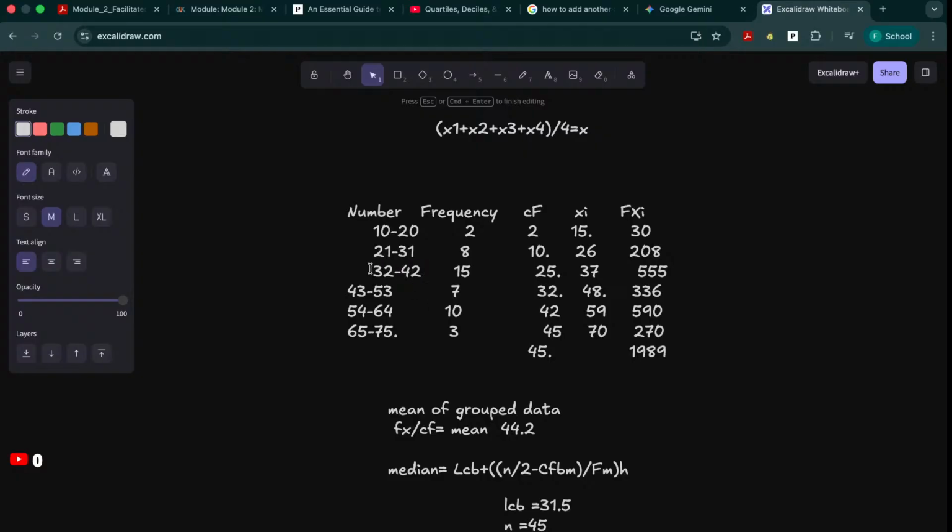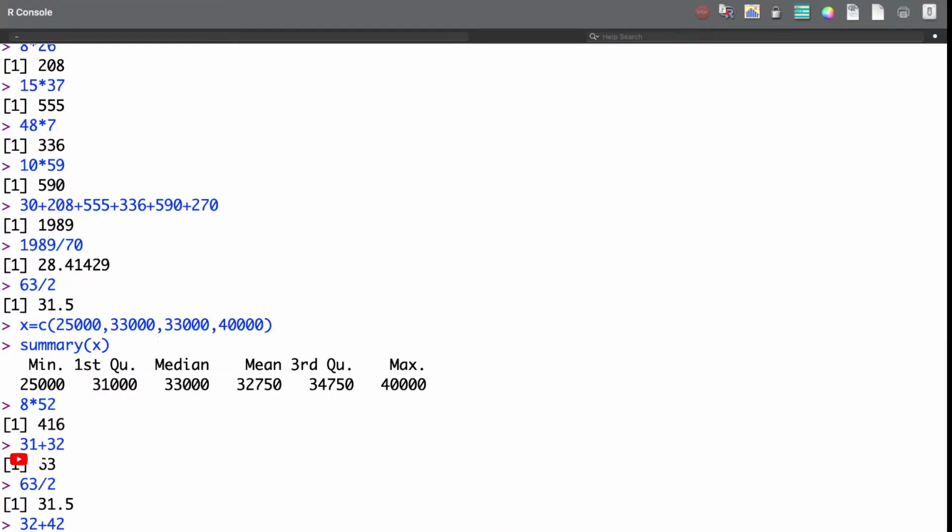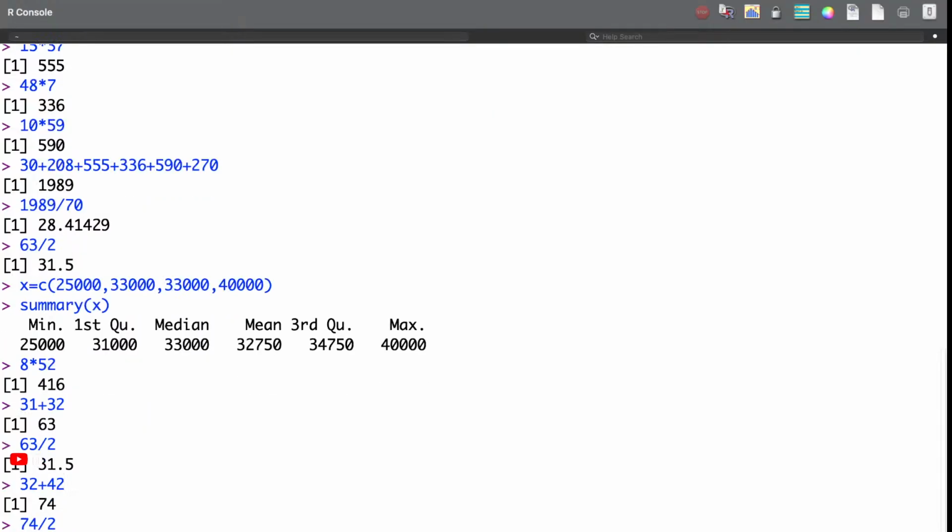So first let's do the average of these two, so we get the highest class boundary of here. So we do 32 plus 42, 74 divided by 2, 37.